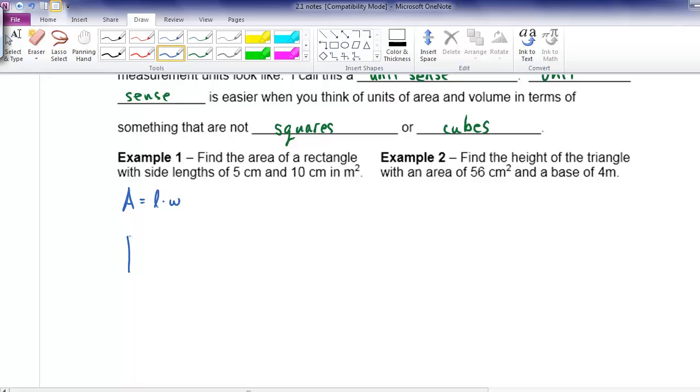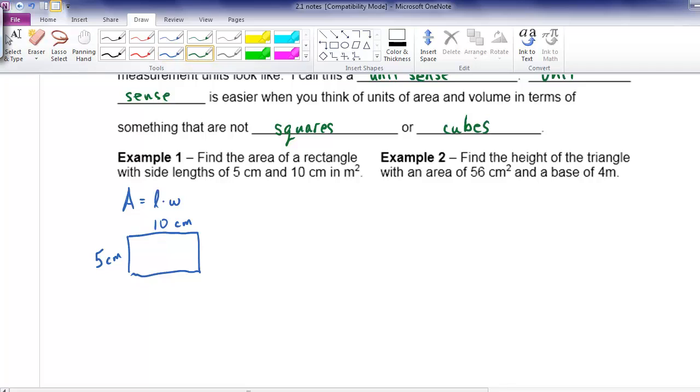So again, I'm always going to start off with a quick little sketch, and I'm going to label my dimensions. It would be better to have them in meters, and when we multiply that with our unit analysis, we get square meters.